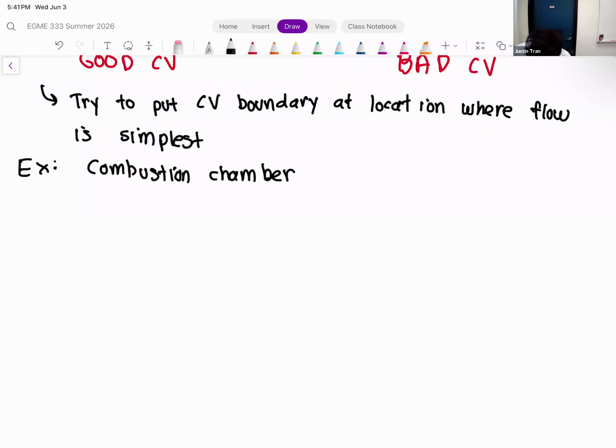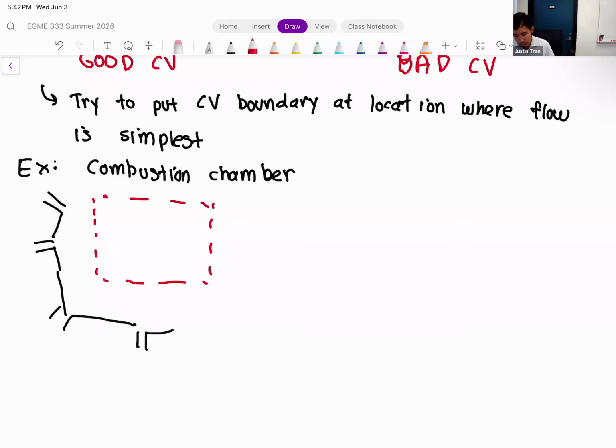Let's say your combustion chamber looks like the following, with multiple inlets here. An example of a bad control volume might be a box drawn like this. You have flow coming in, you don't really know where it's coming in from, so you have flow passing through all the boundaries. This would be a bad CV.